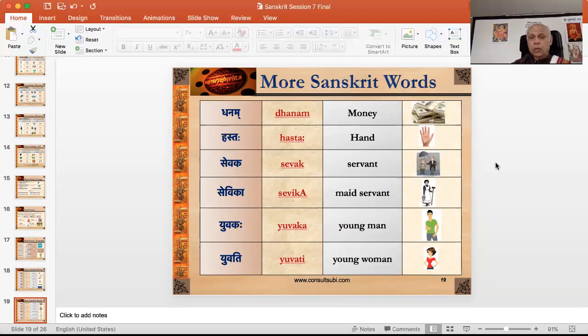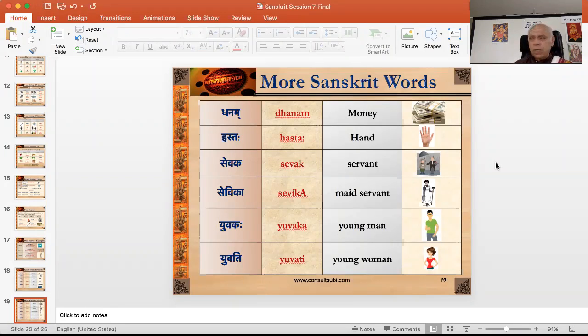Like A, also I mentioned, refers to often a female gender. Nirmala, Aparna. Now these are all names of ladies. So Yuvati is young woman. So when you say you don't know the meaning, but you see this ending in T, automatically you infer it is referring to a feminine person. Okay. Dhanam, Hastaha, Sevak, Sevika, Yuvaka, Yuvati.